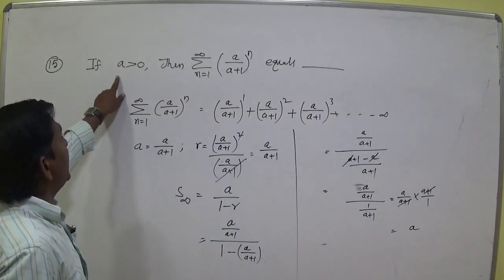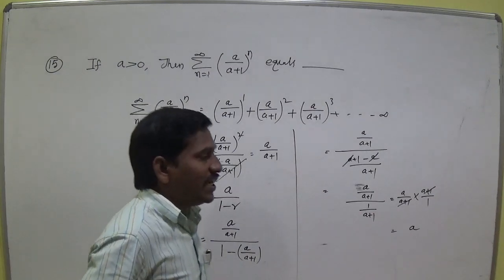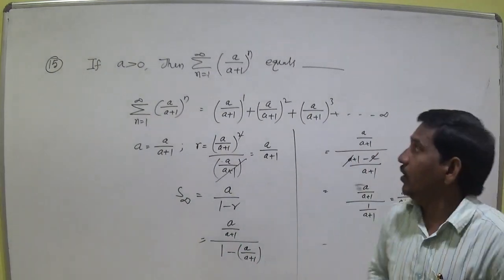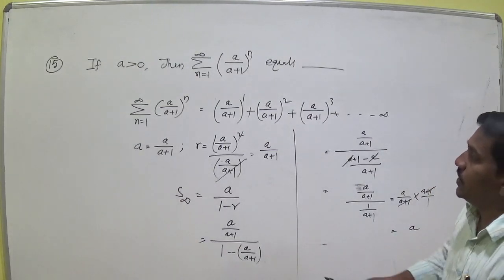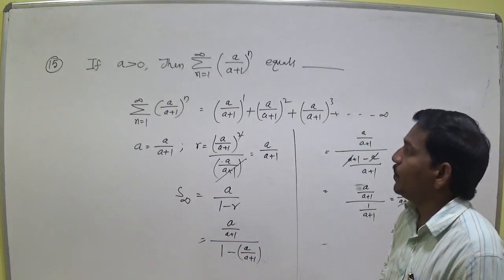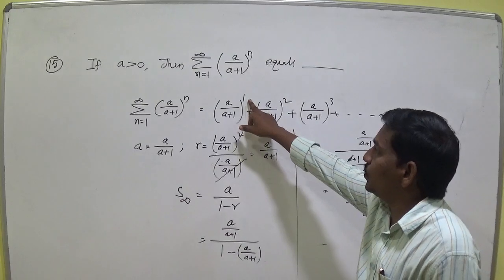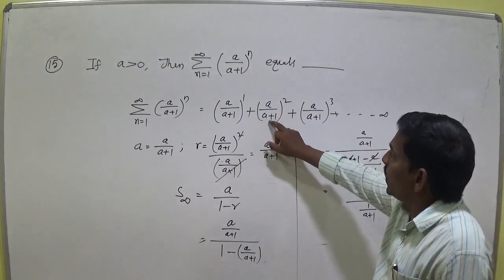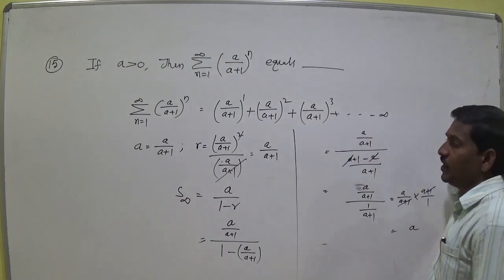If a greater than 0, then sigma n equal to 1 to infinity a by a plus 1 whole power n equals a by a plus 1 whole power 1, a by a plus 1 whole square, a by a plus 1 whole cube, plus so on to infinity.